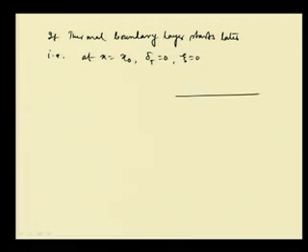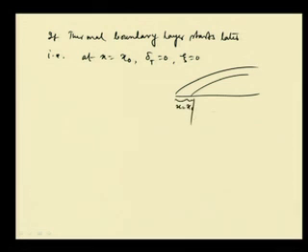So, suppose this is a plate, here is the hydrodynamic boundary layer, and the thermal boundary layer starts from here. This is the region x equal to x naught, and heating starts from here.